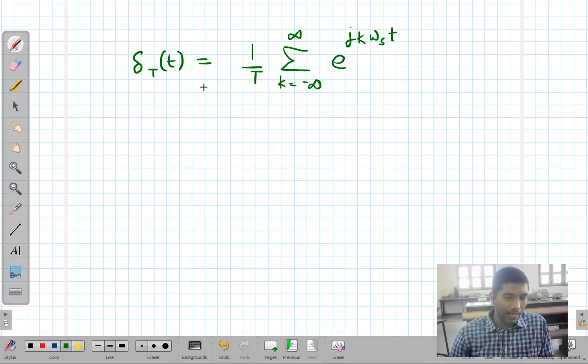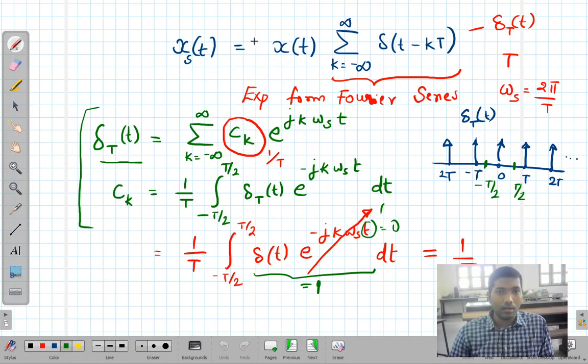So we have obtained the complex exponential form Fourier series expansion of δ_T(t). Now let's try to substitute that in the sampled signal.